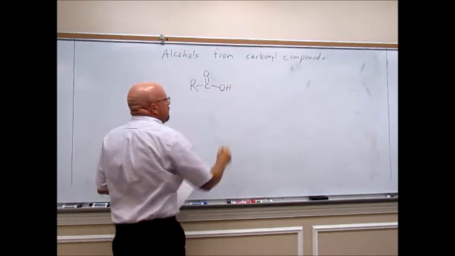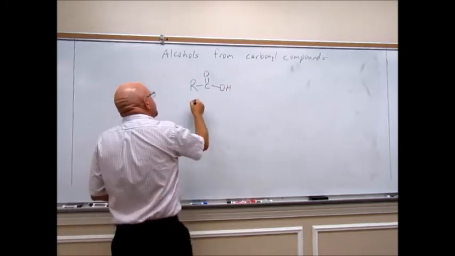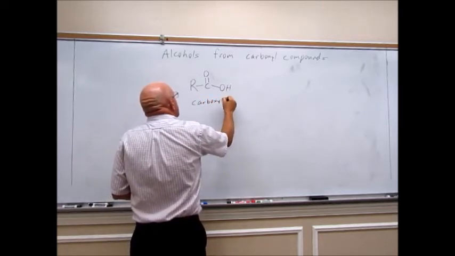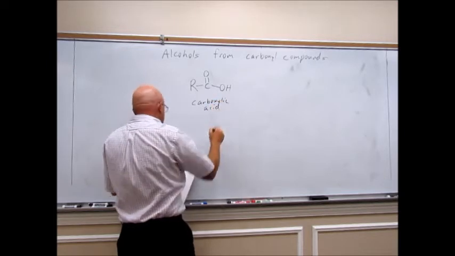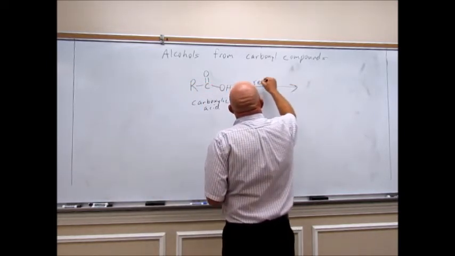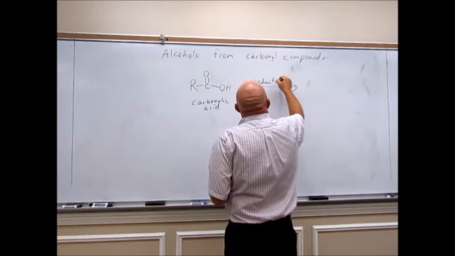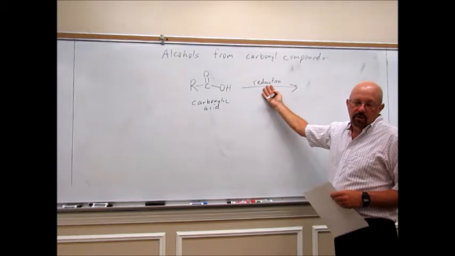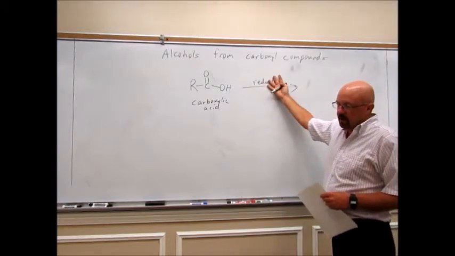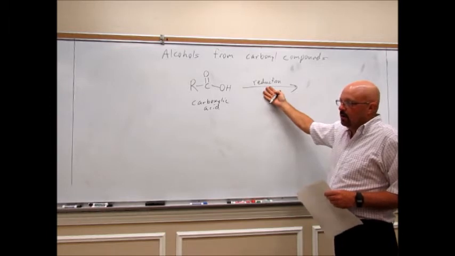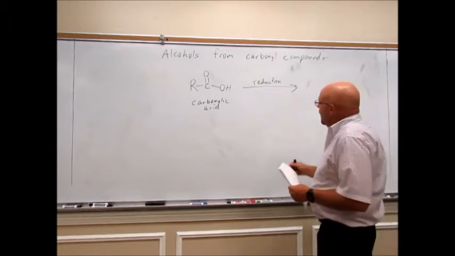We're going to look at reduction of a carboxylic acid, and I'll just go generic here. We can reduce a carboxylic acid. Now I will talk here in a moment about what kind of reagents we need to do the reduction. I'm just going to say reduction right now, and we'll talk about the reagents that are necessary to reduce a carboxylic acid.